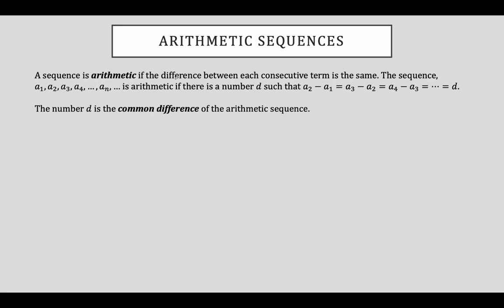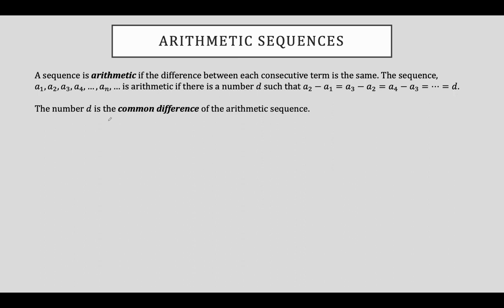Difference meaning subtraction. The sequence a subscript 1, a subscript 2, a sub 3, a sub 4, a sub n, is arithmetic if there is a number d such that a2 minus a1 is equal to a3 minus a2, which is equal to a4 minus a3, which is equal to any one of the terms minus the previous term, is equal to d.